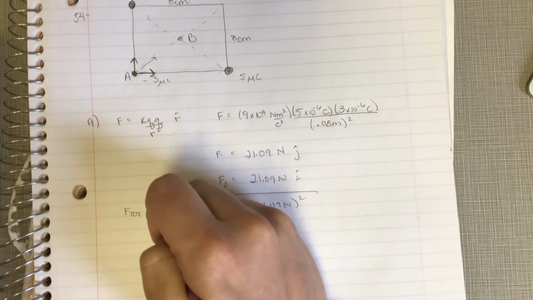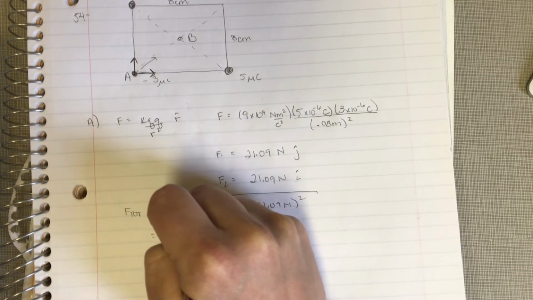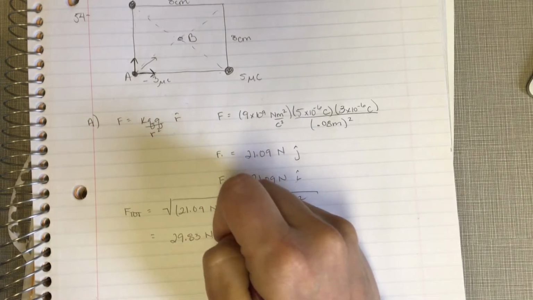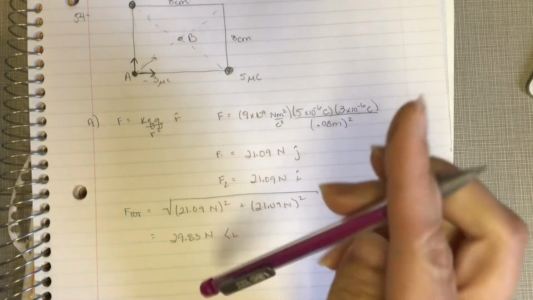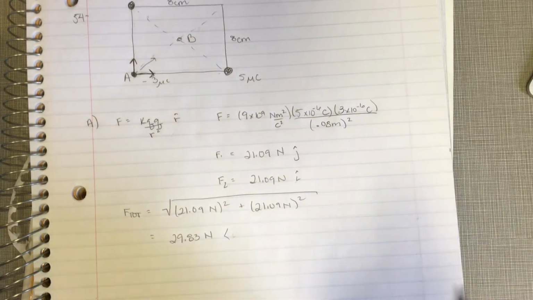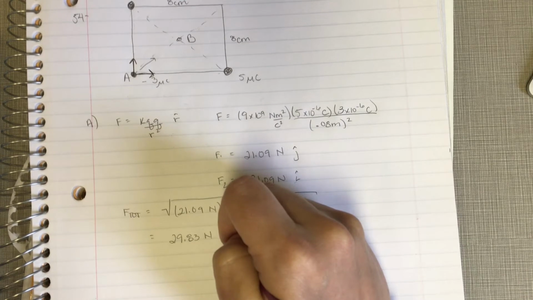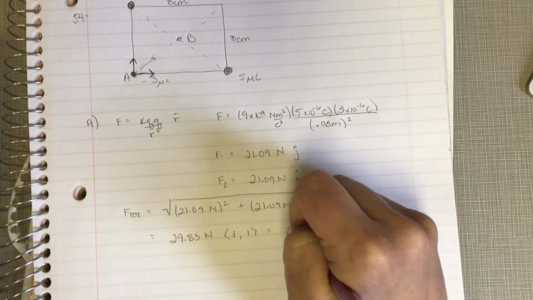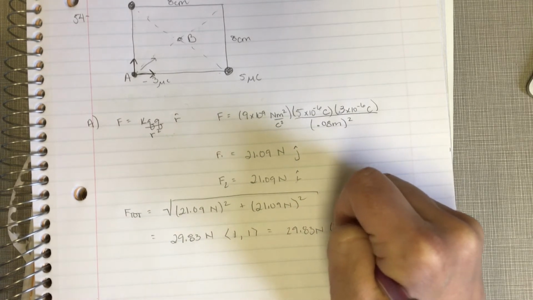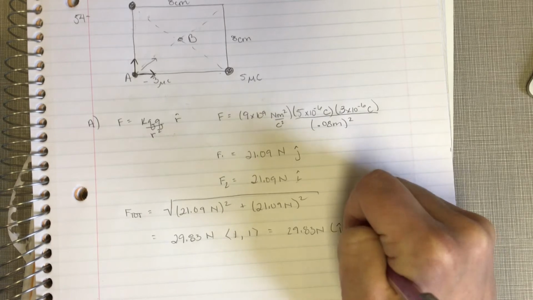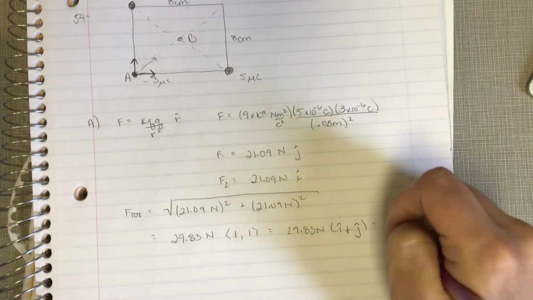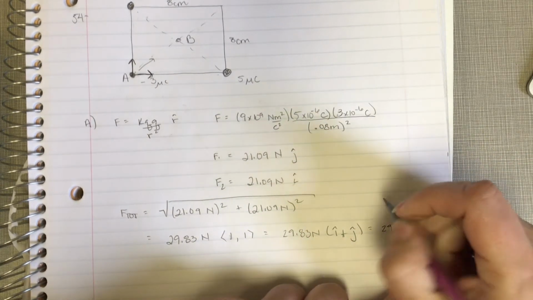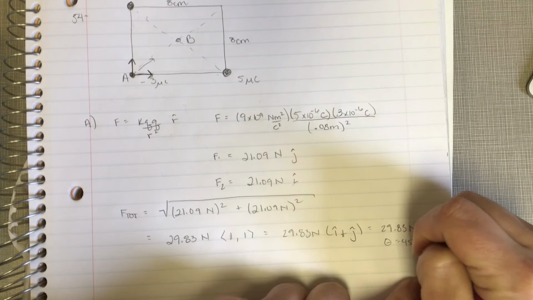So my total force is 29.83 newtons, and you can write that either as 29.83 newtons (i hat plus j hat), or 29.83 newtons at theta equals 45 degrees.